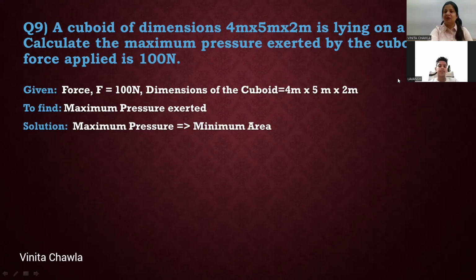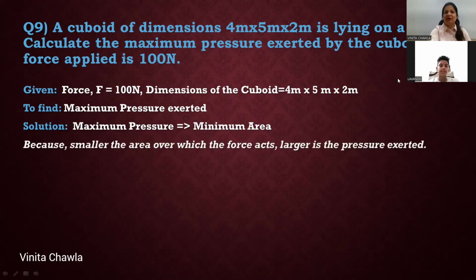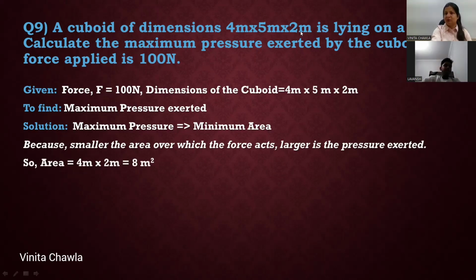For maximum pressure, we take the minimum area, that is 4 meter and 2 meter, because the smaller the area over which the force acts, the larger is the pressure exerted. If you want pressure to be maximum, then area should be minimum. They are inversely related. We find the area by choosing these two dimensions, 4 and 2, because in this case we get the minimum area.